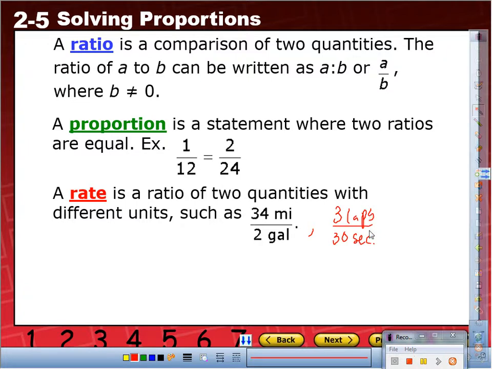Do you see how it's two different types of units? This is distance and this is time. Do you see that? Okay, so this is also a rate. Copy that one, please. 3 laps in 30 seconds. You can write, yay, Priscilla.